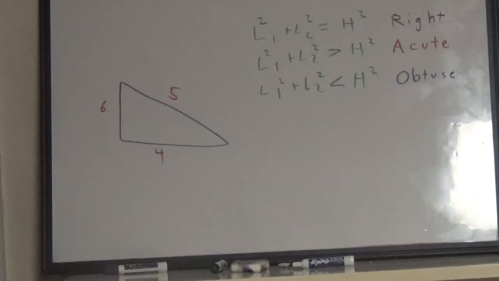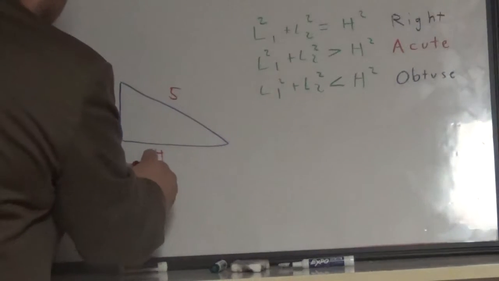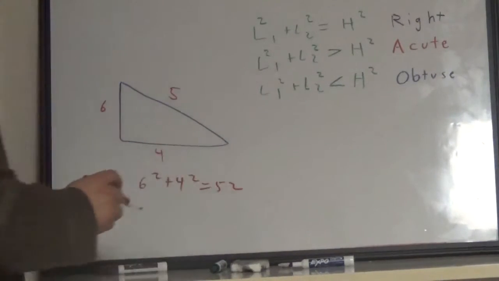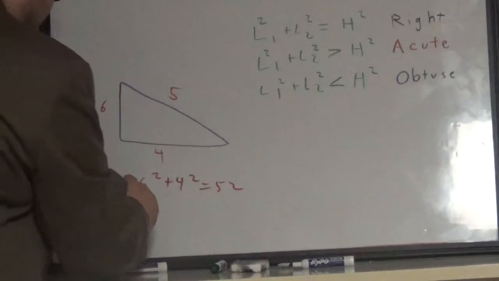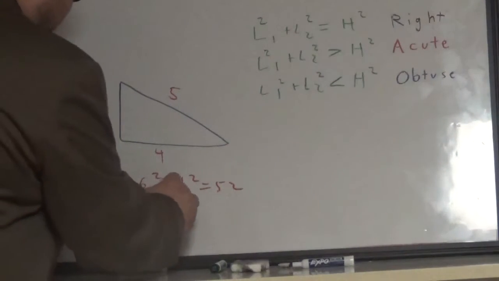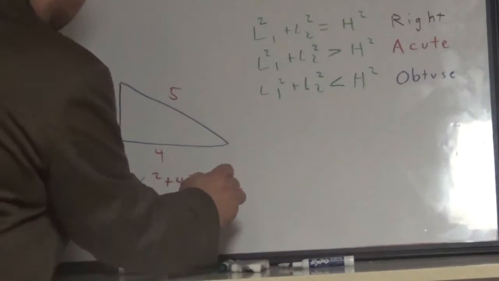I'm going to do the same thing. 6 squared plus 4 squared equals 5 squared. Of course, it doesn't equal it. 6 squared is 36. 4 squared is 16. And 5 squared is still 25.